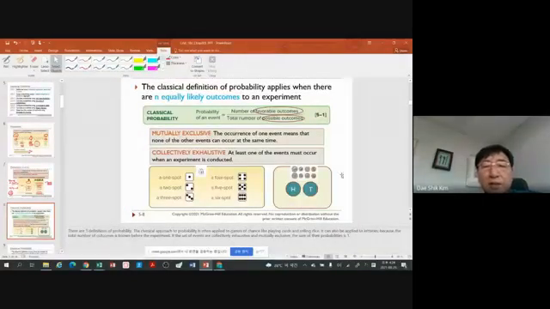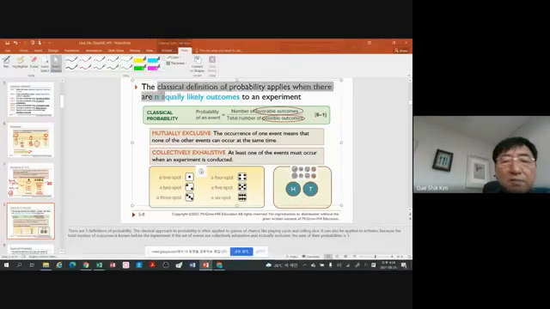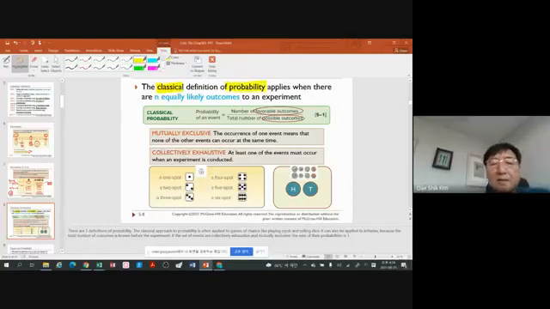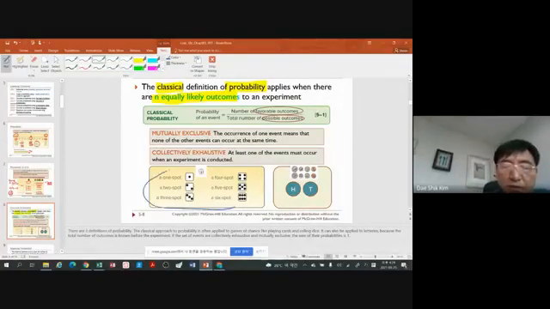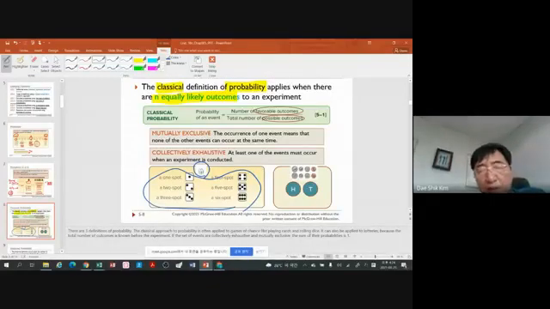Classical probability applies when there are n equally likely outcomes. For example, look at the die. When you roll a die, 1 will appear, 2, 3, 4, 5, 6.